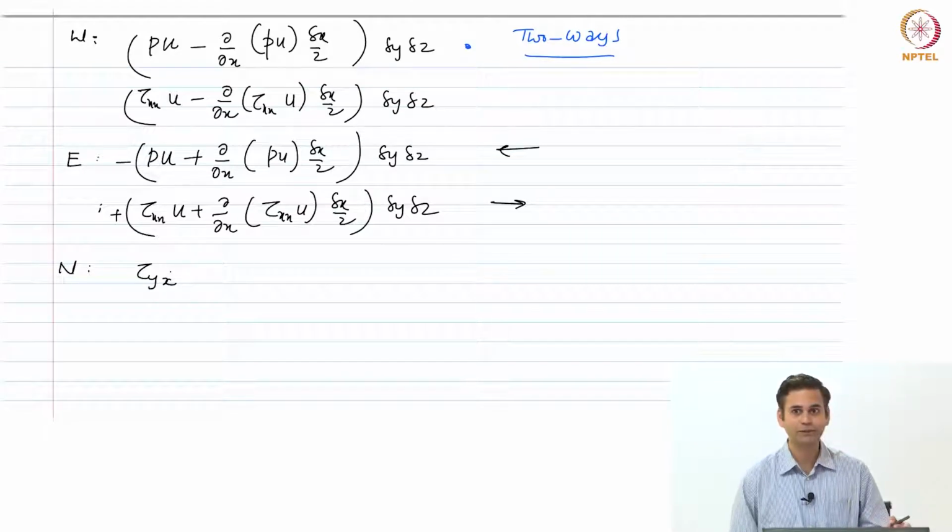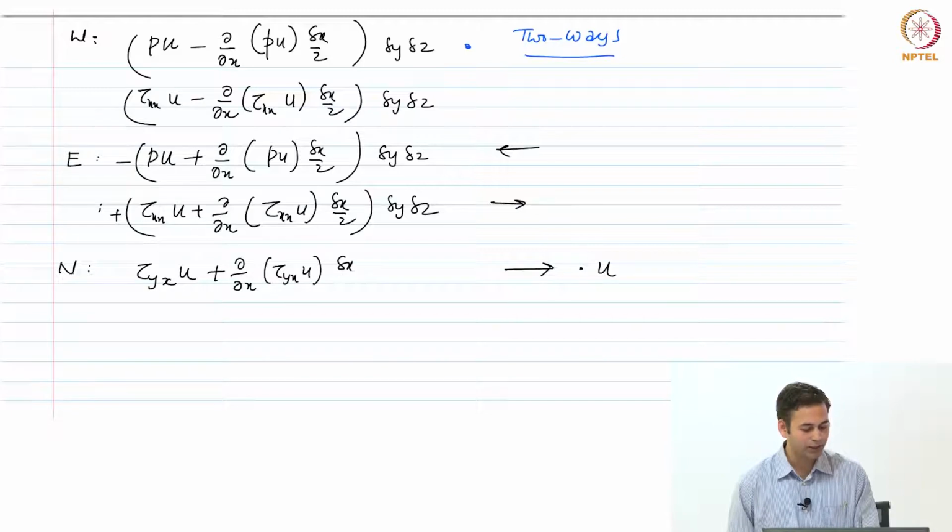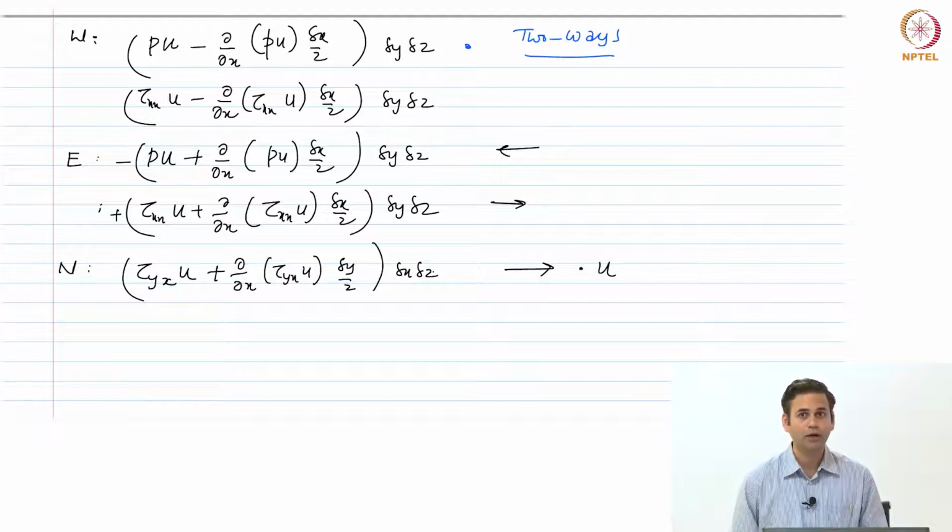We are still looking at the forces in the x direction, so I should still multiply this with u. This is acting in the x direction, so it will only do work if you multiply this with u. So, I multiply this with u, plus partial x tau y x u times delta x by, this should be delta y by 2. We are constructing on the north phase and then multiply this with delta x delta z to get the net rate of work done, okay.